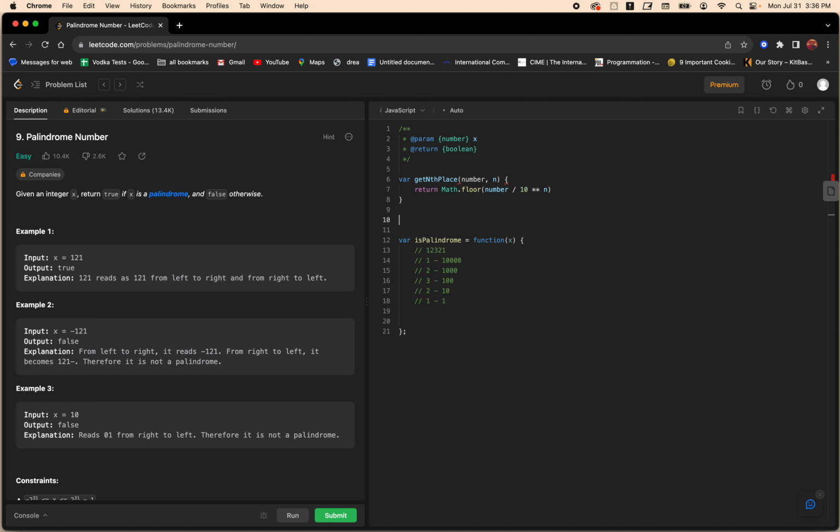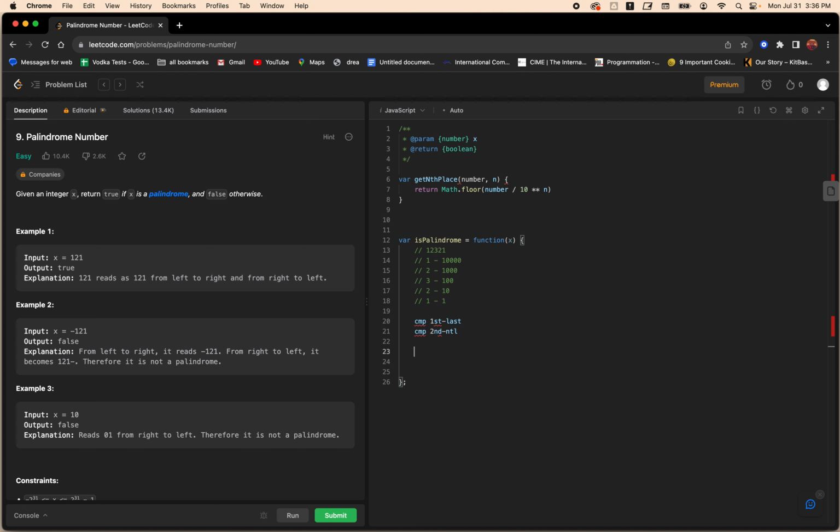Now, to figure out if something's a palindrome, you have to be doing some comparing. You're going to compare the first to the last, and then you're going to compare the second to the next to last.